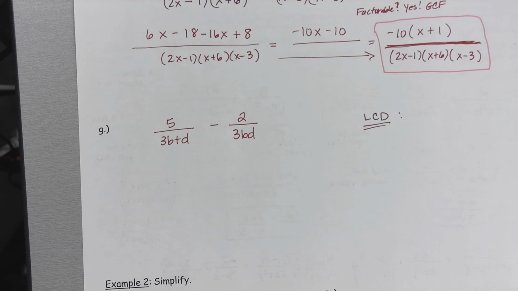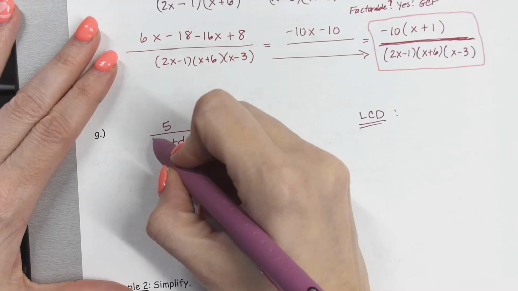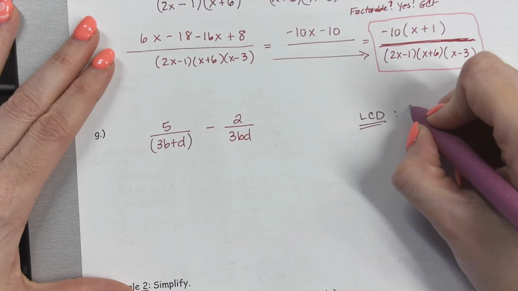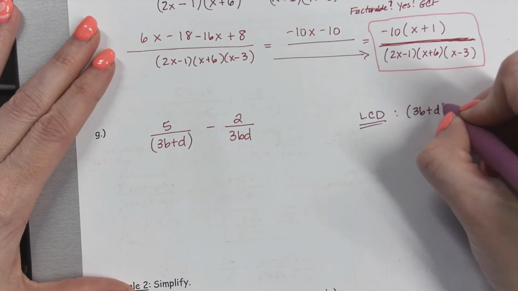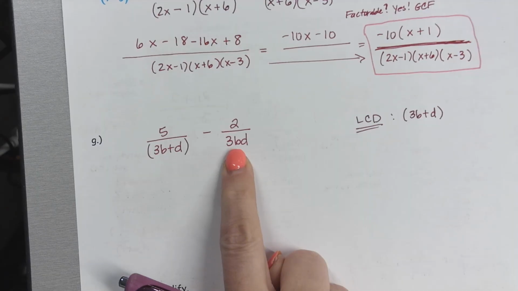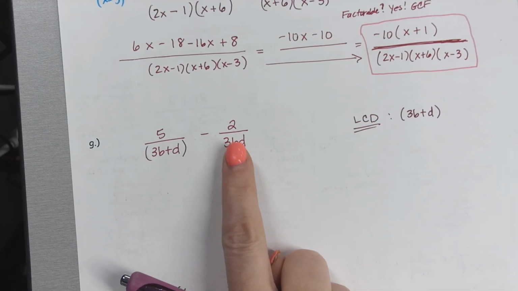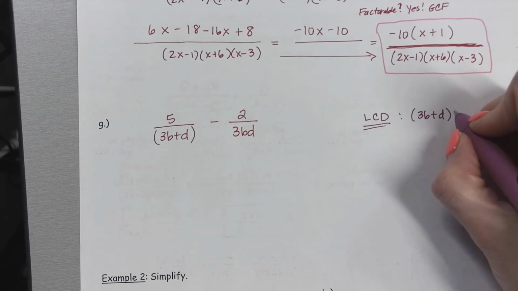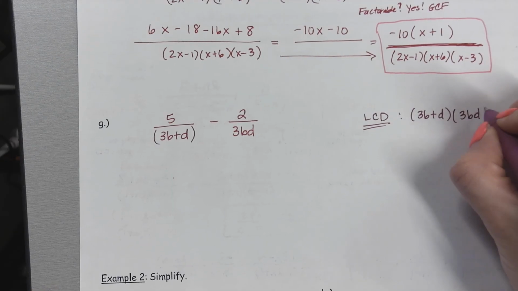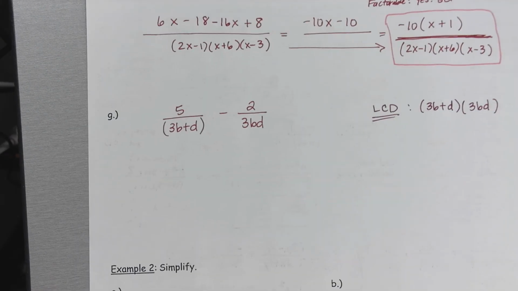Okay, so what's something that has to be in the LCD? Yeah, so we start with the first one, the 3b plus d, that has to be in there, right? This is just one value, the 3b plus d, okay? When there's no plus in between, that has to be part of it too, so it's multiplied by 3bd, okay?